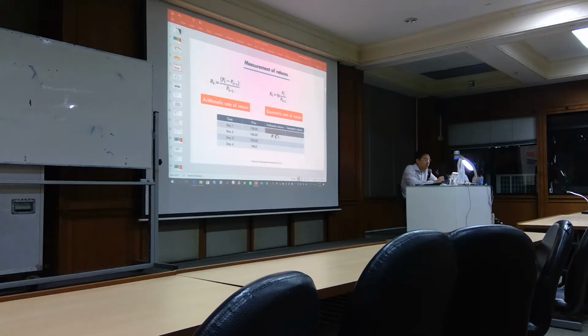Okay, so what you get is 0.498%. So geometric return is another kind of return, and the value is similar to arithmetic, but most of the time the geometric rate of return gives a value smaller than arithmetic. The value of geometric return will always be smaller than arithmetic.